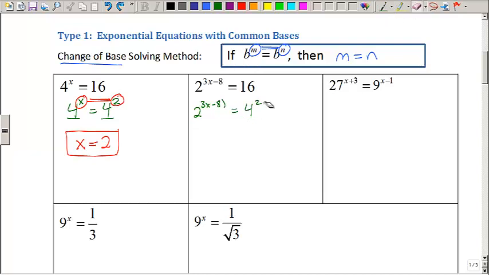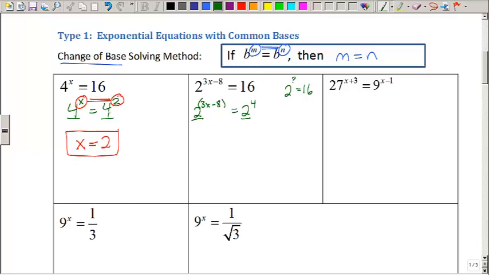So what I'm going to do is erase the 4 squared and see if I can come up with another way of writing 16, but this time I really want to focus in on a power of 2. 2 raised to the what equals 16? Well, that's 2 to the 4. So now do I have my bases the same? Yes. So it's not just trying to rewrite 16 as a different base. It's rewriting 16 as the same base on the other side of the equation.